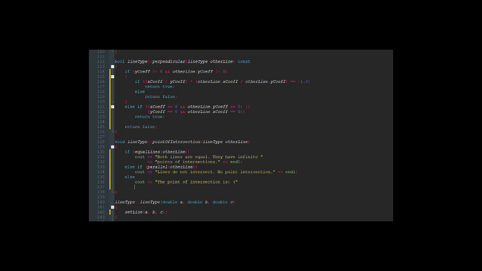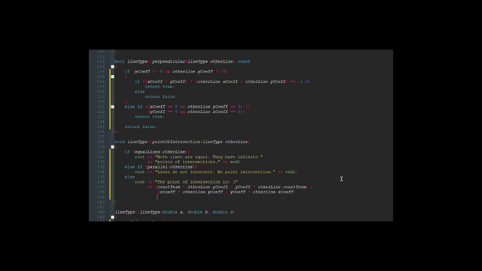So then we'll end up with something that looks like this. Divided by, and then we're going to have the x coefficient times the other line's y coefficient. And we're going to have something like that.